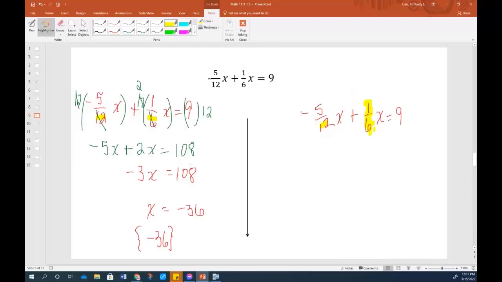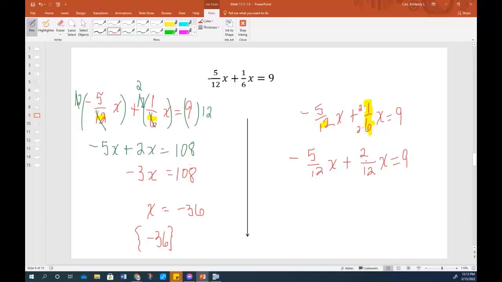So I need to rewrite this fraction in terms of that common denominator. So I would leave negative 5/12x plus, and then to get this to be a 12 at the bottom, I'd multiply by 2, and then I need to do it on the top also. So that becomes 2/12x equals 9. So that's the only one I've affected.